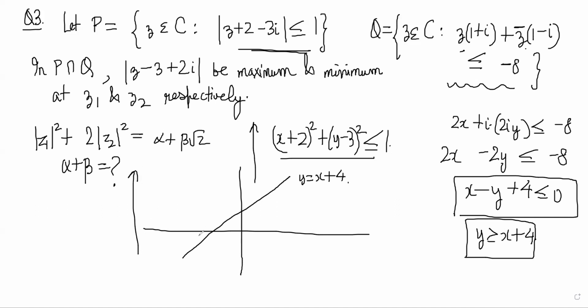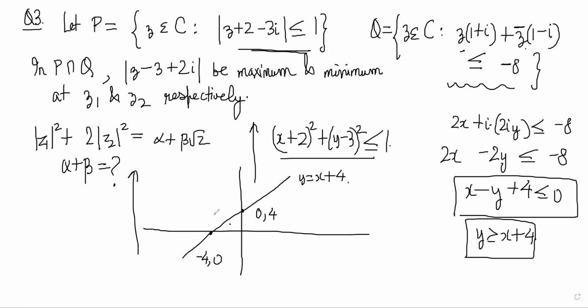Yes sir. This point is (-4, 0), this point is (0, 4), and now the circle's center is (-2, 3), so somewhere inside this, right? Yes sir.